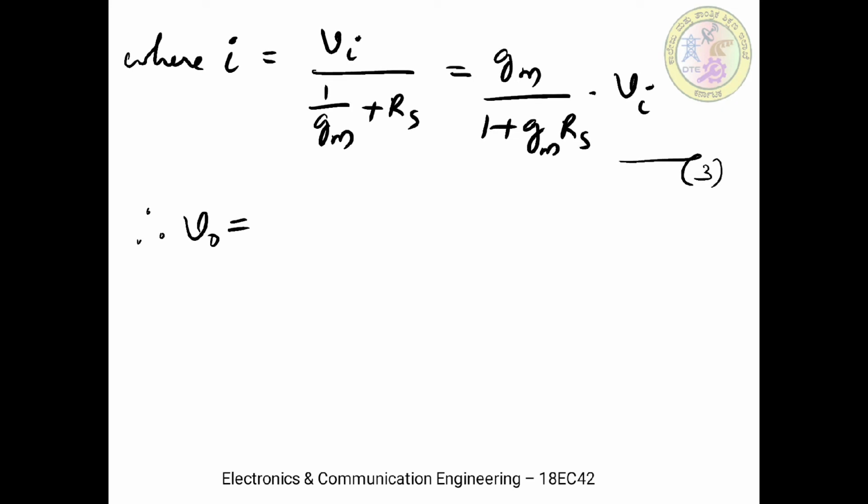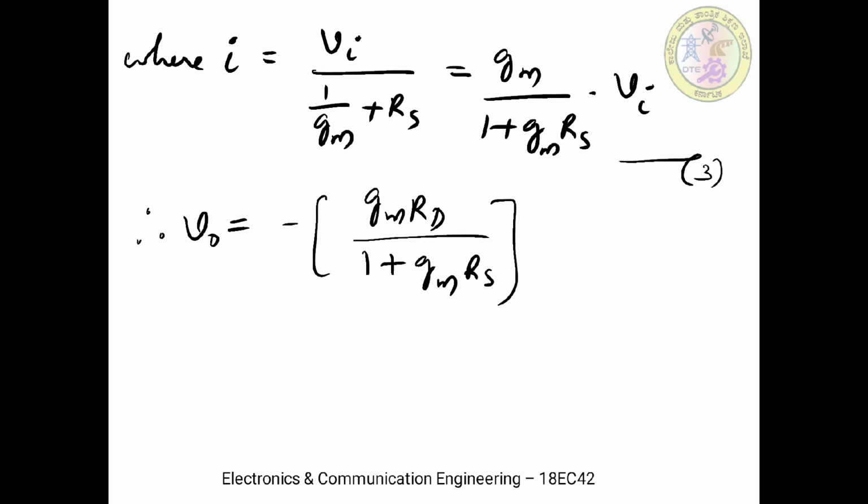So therefore V naught will be equal to minus Gm into Rd by 1 plus Gm into Rs times Vi. So why is this V naught expression required? Because now we are going to write the voltage gain also.